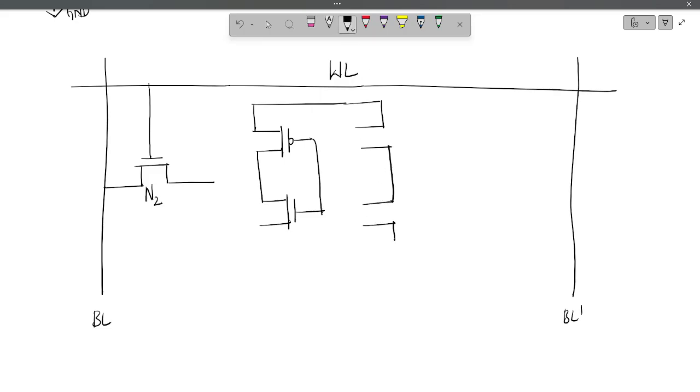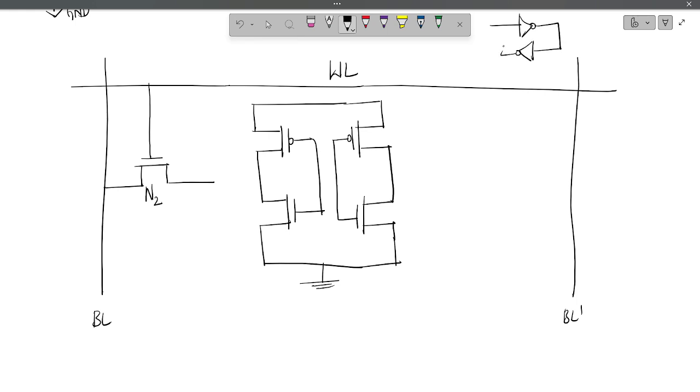These both NMOS transistors are connected to ground, and this is the PMOS transistor. So that means this is an inverter, and like this they are connected. This input is connected to this output.